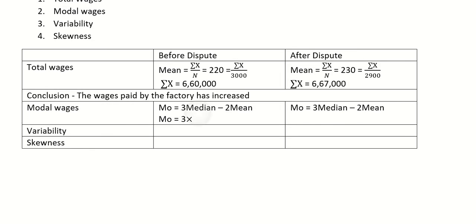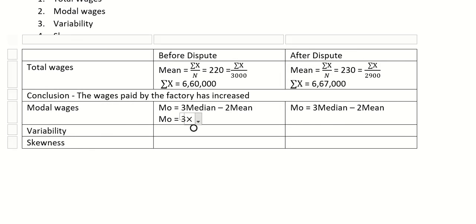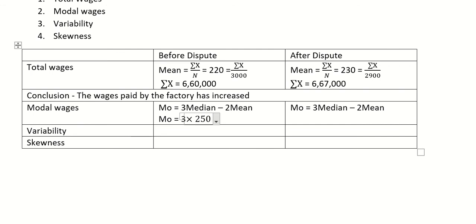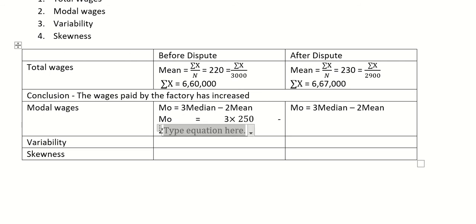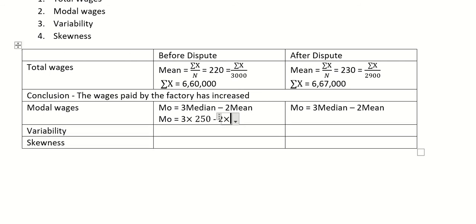So 3 into 250 minus 2 into mean. Earlier mean is 220. Here the final answer is 310. Now we'll apply the same after the dispute.